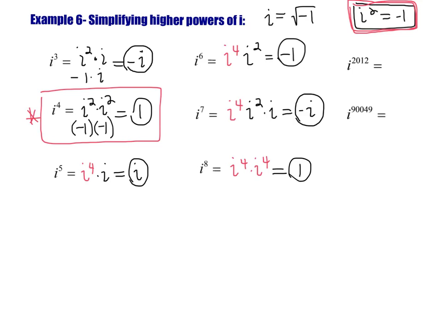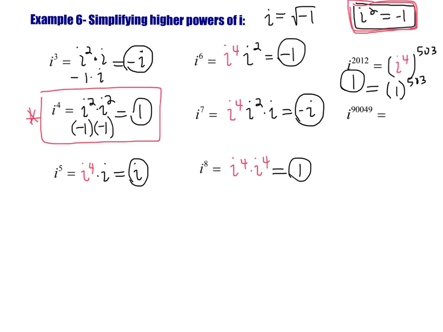If you divide that by 4, you're going to get 503. So basically, i to the 2012 is i to the 4 raised to the 503. Remember, when you raise a power to a power, you multiply exponents. So really, this problem is just 1 raised to the 503, but that's just 1. So working with that i to the 4 really helps.